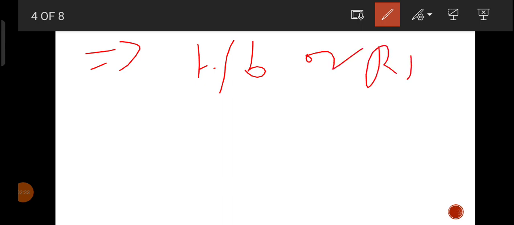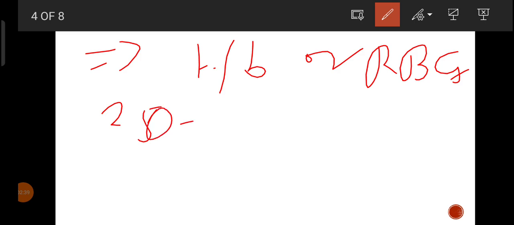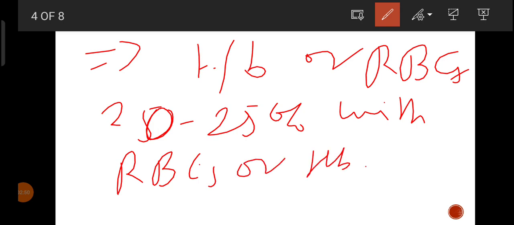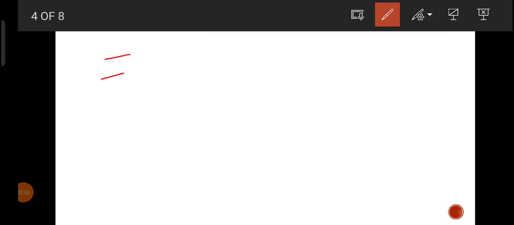Let's see the percentage of CO2 which is combined with hemoglobin or RBCs. CO2 combines about 20 to 25% with RBC or hemoglobin, and this is known as carboxyhemoglobin.